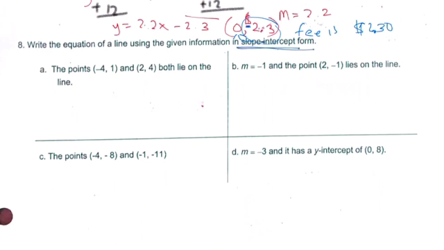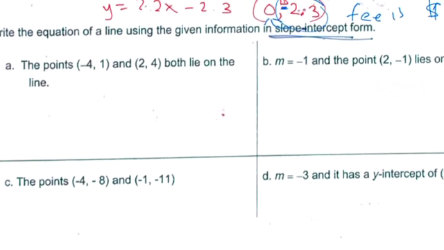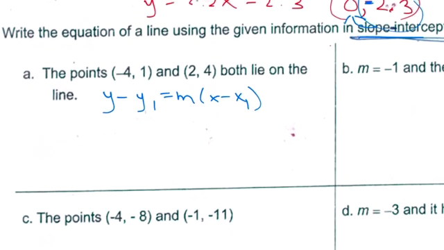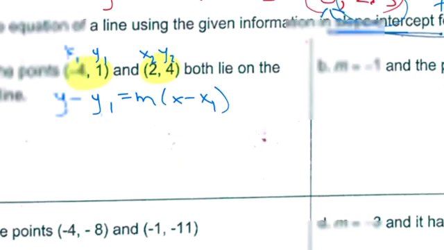Write the equation of the line given information, in slope-intercept form. So again, you do y minus y sub 1 equals m times (x minus x sub 1), okay? And then you find slope first. This is x sub 1, y sub 1, and x sub 2, y sub 2. So you find your slope.